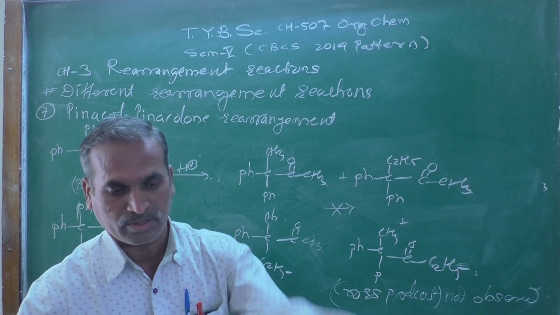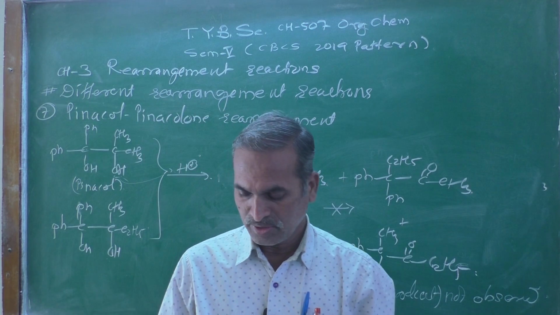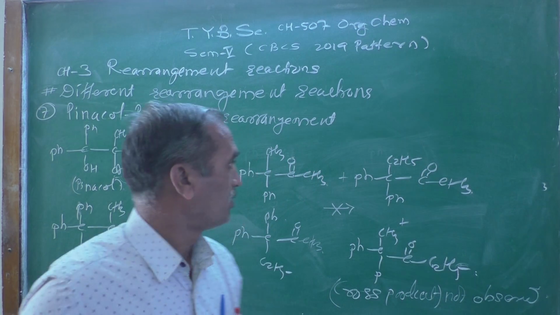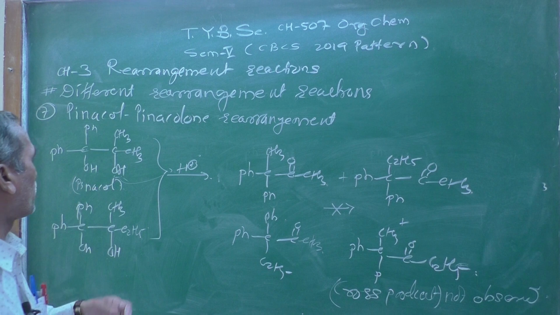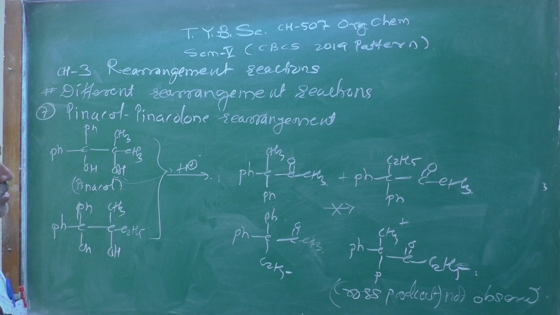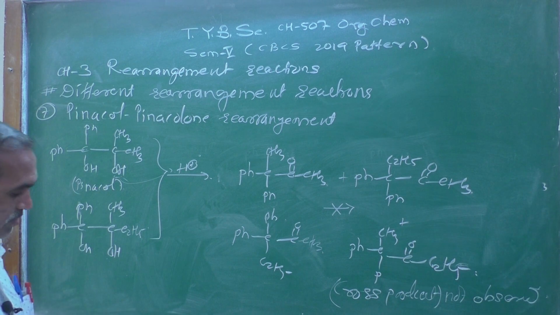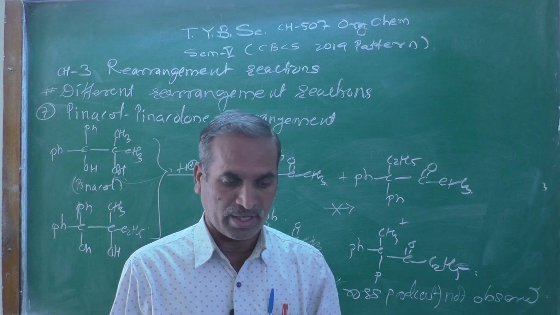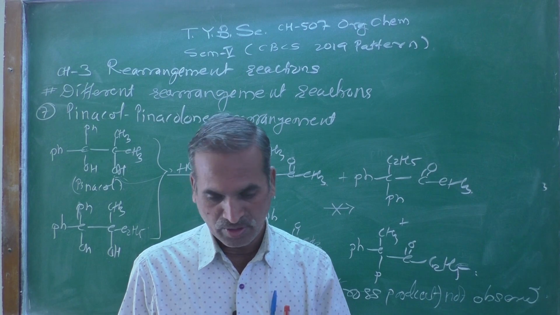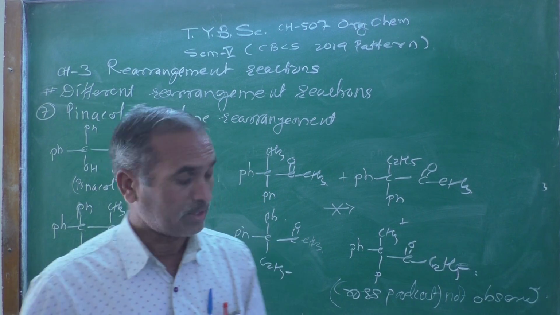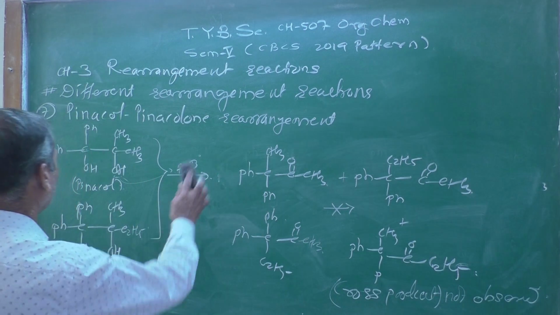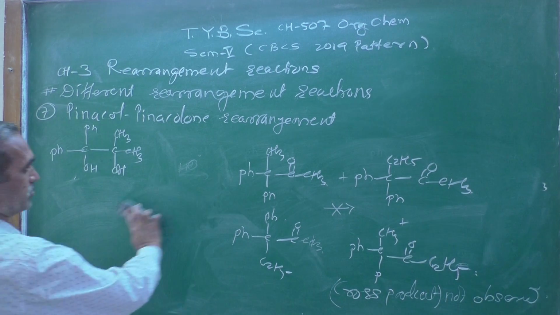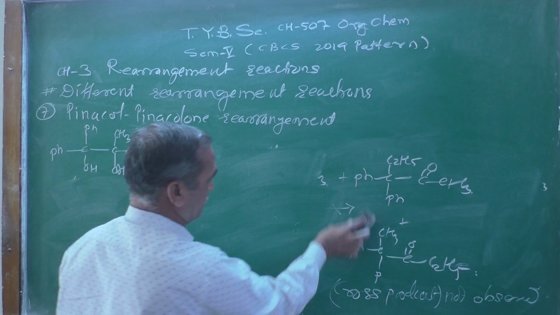And why these cross products are not observed, the reason, and which product is actually going to form, with the help of its mechanism we come to know what type of products you get in the actual pinacol rearrangement.